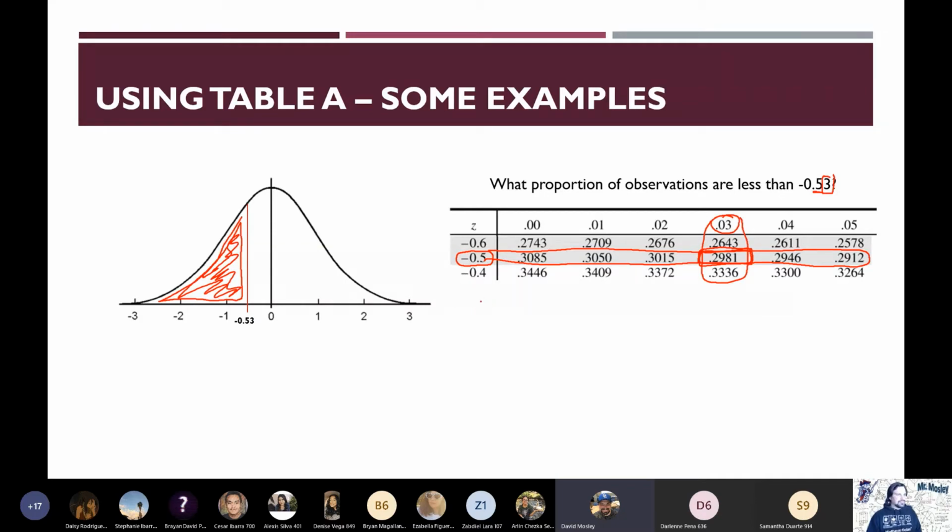So that means that the proportion of observations less than negative 0.53 is 0.2981 or 29.81%.